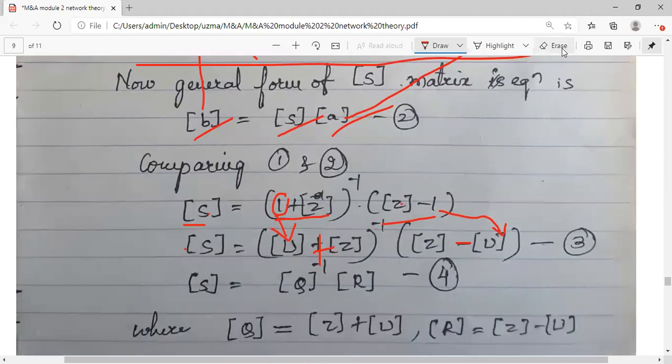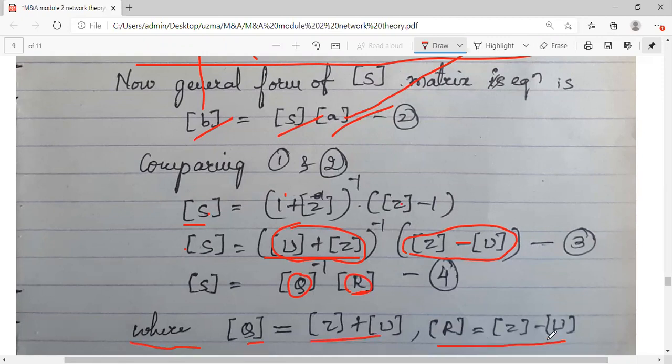Then I will simply replace these two brackets by some other variables. Say for the complete Z plus U, I represent this as Q, and for Z minus U, the second term, I represent this as R. So I have written here where Q is Z plus U and R is Z minus U. Simply denoting these two bracket terms as Q and R, I get equation 4.